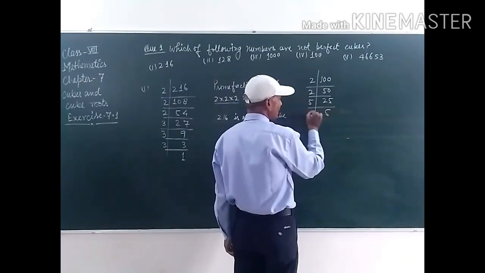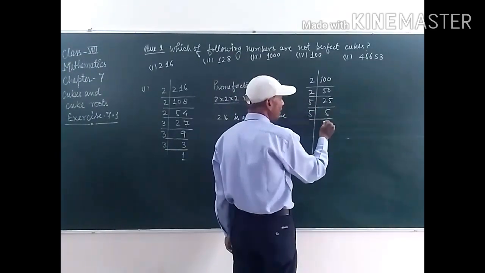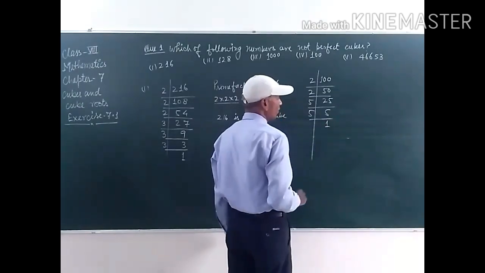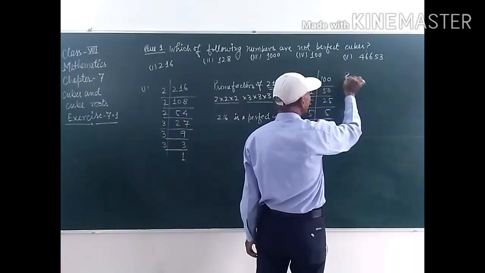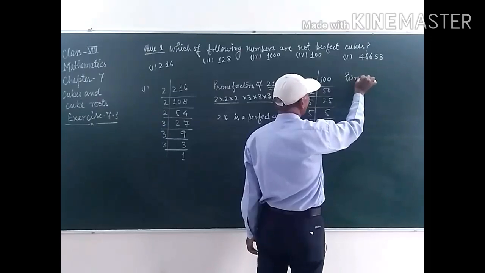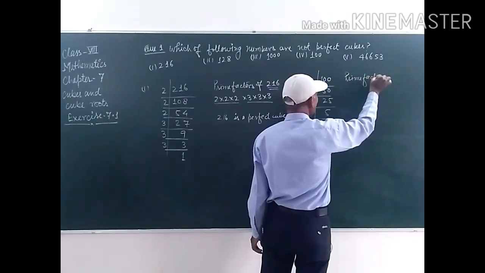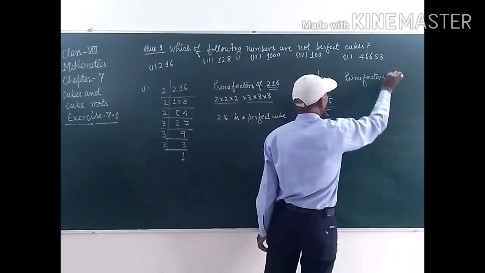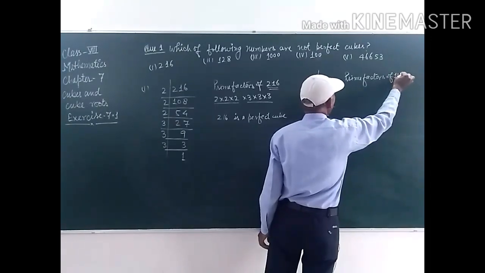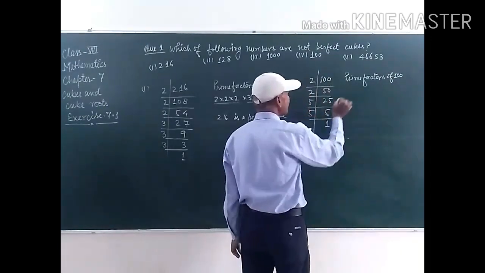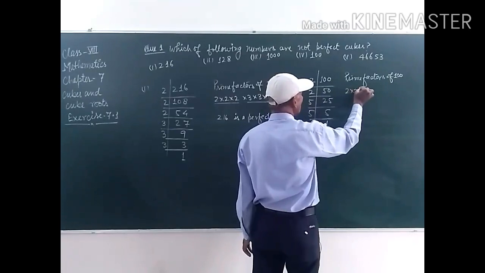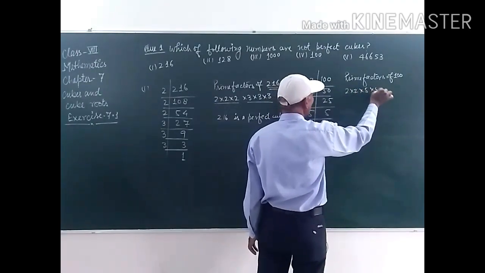So, 5 fives are 25, again by 5, this one is 1. So, the prime factors of 100 are 2 into 2 into 5 into 5.